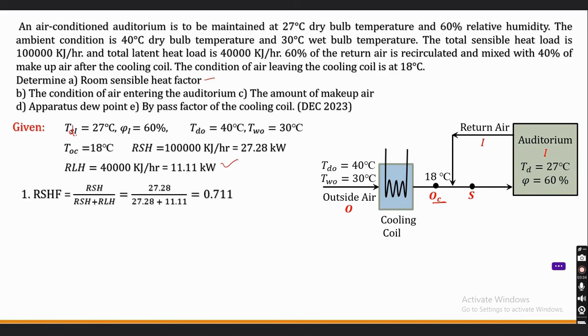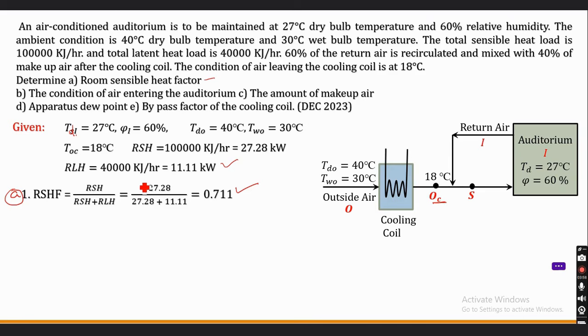Room sensible heat is 27.28 and room latent heat is 11.11. If I put these values in this formula, I get the room sensible heat factor as 0.711. So that is the first point we have calculated.